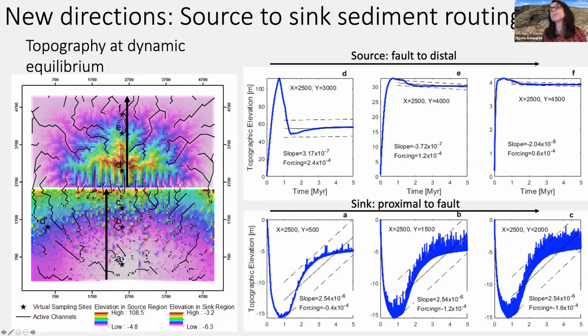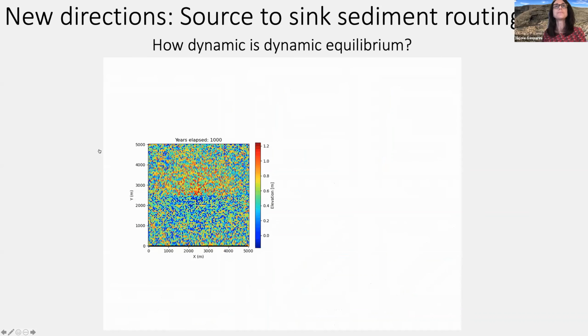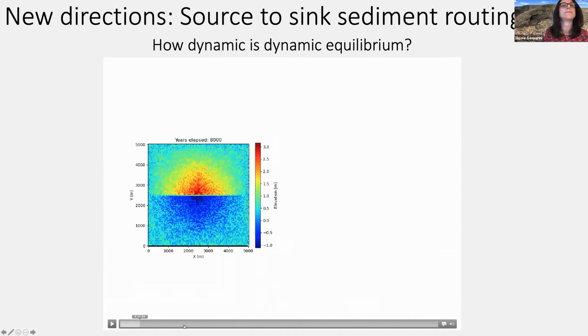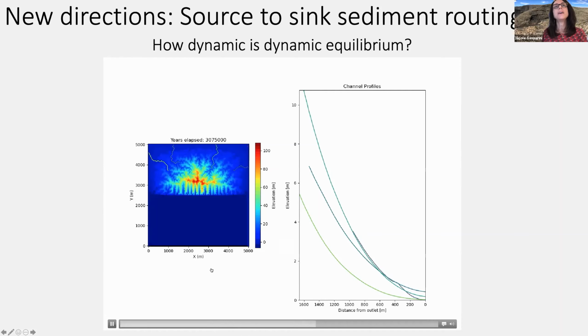And there are also small changes up here. They're just very, very small. But there is more dynamics than you would get if you did not couple a source-to-sink system, okay? If you just model the source, you don't get the same dynamics as when you couple the source to the sink system. Okay, I'm just going to fast forward this to the dynamic equilibrium phase.